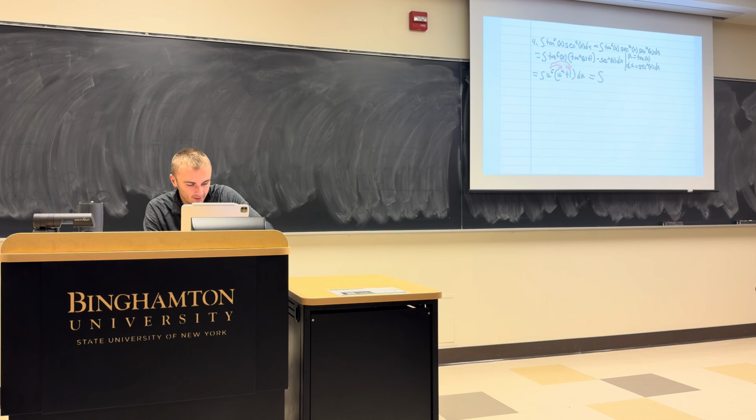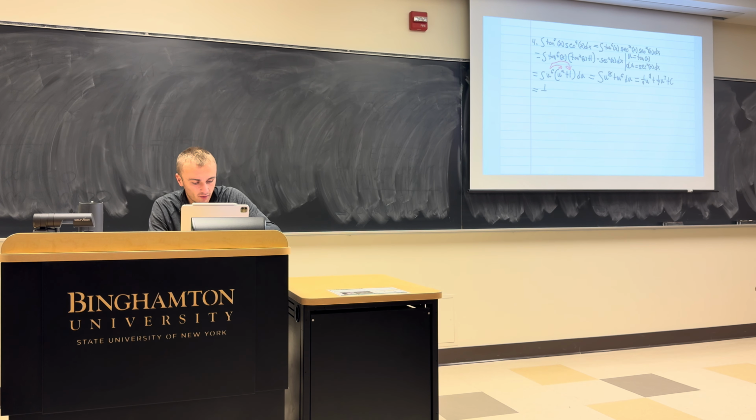So the integral of u to the 8th plus u to the 6th du equals 1/9 u to the 9th plus 1/7 u to the 7th plus c, since this is indefinite. And then we're just plugging our u value back in, so tangent of x.